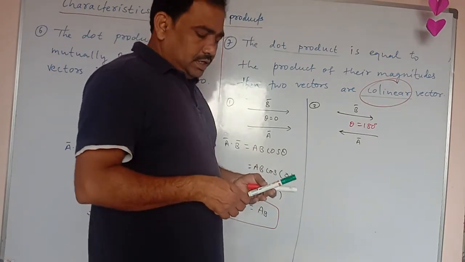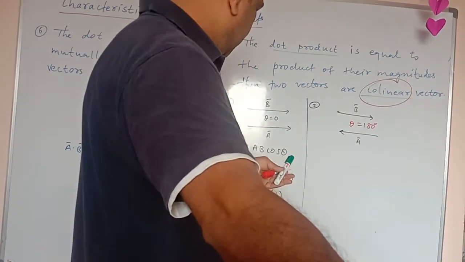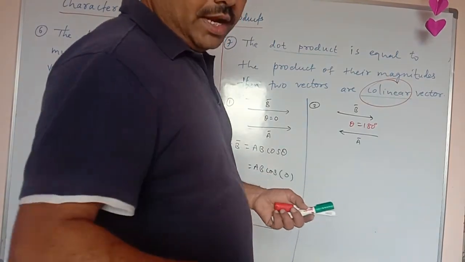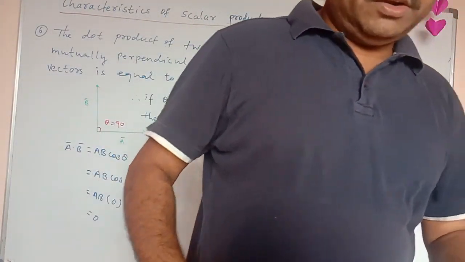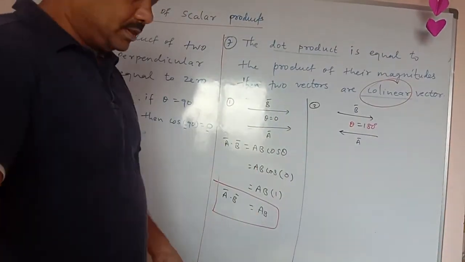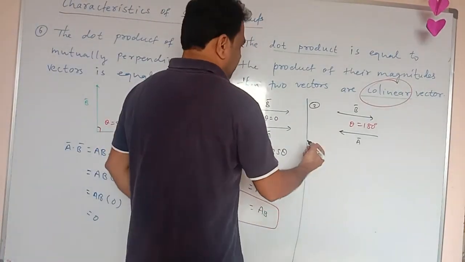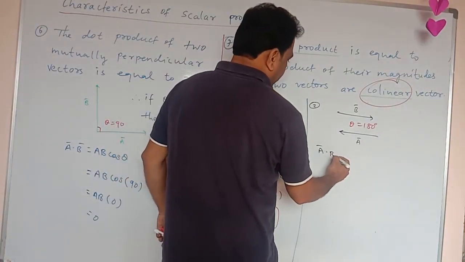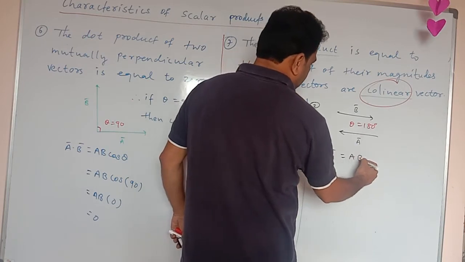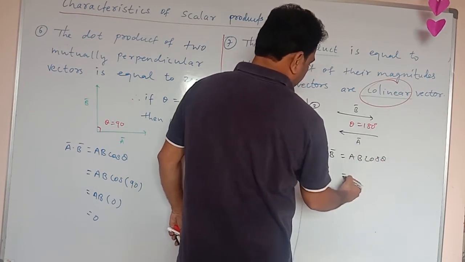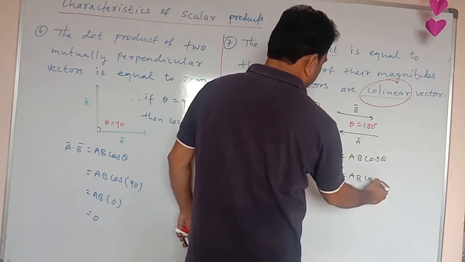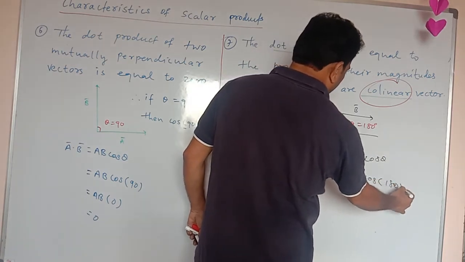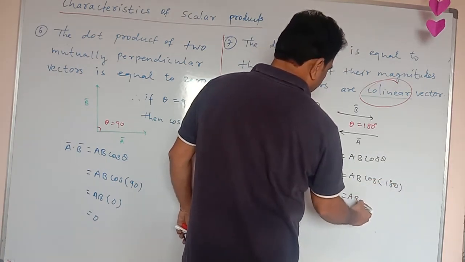Now let us take the dot product of the two given vectors, vector A and vector B. Vector A dot vector B is equal to AB cos theta. Theta is given as 180 degrees, so we write AB cos 180.